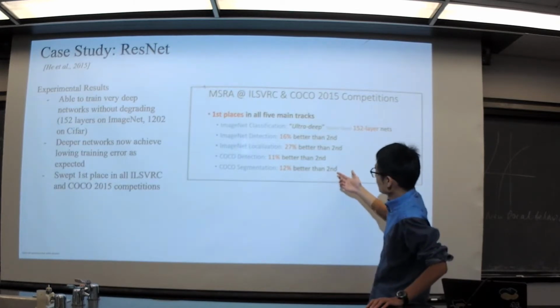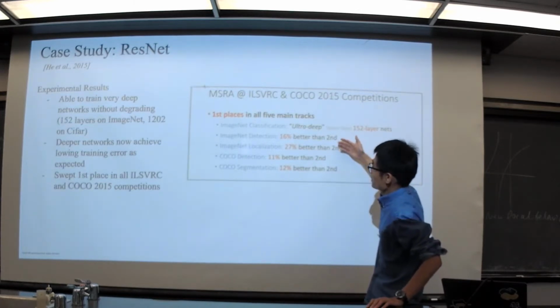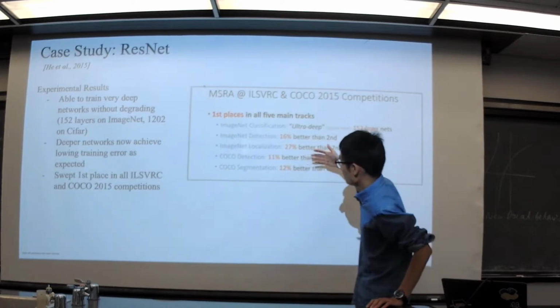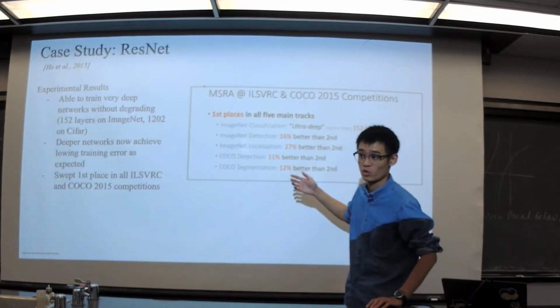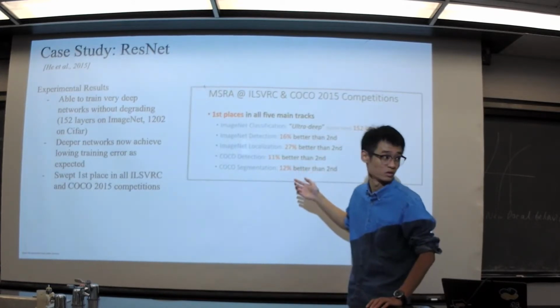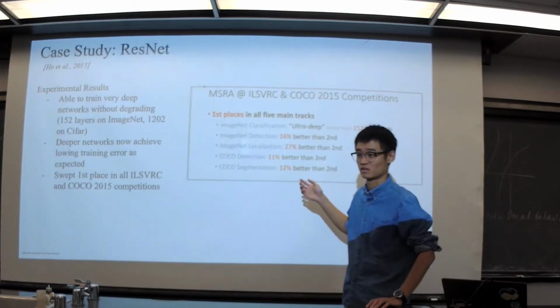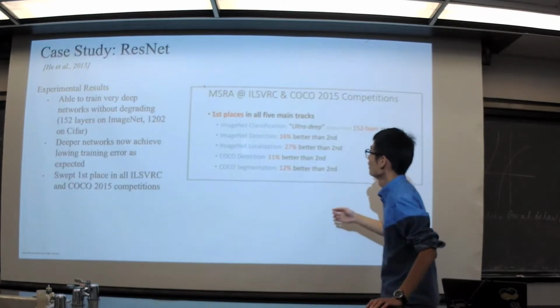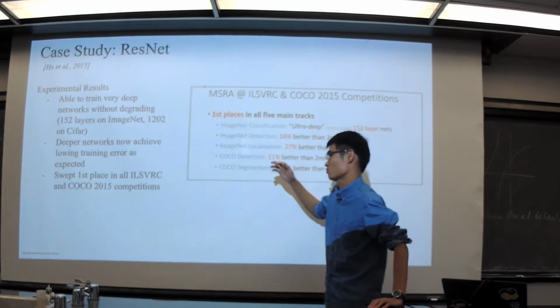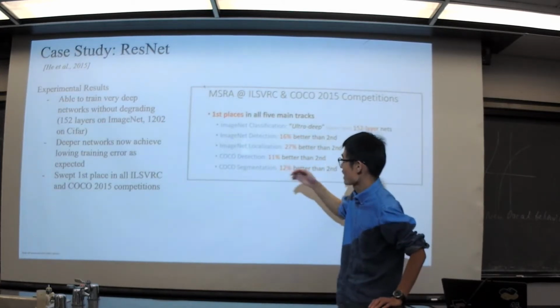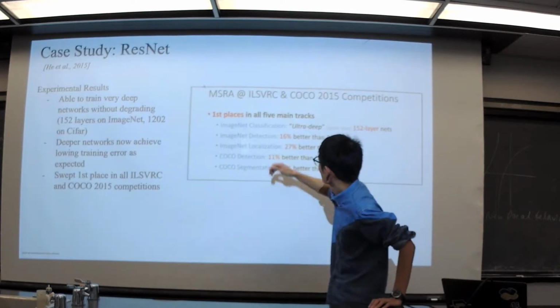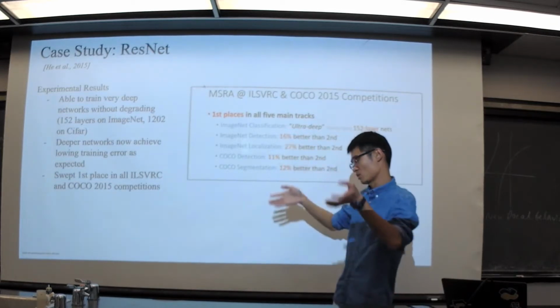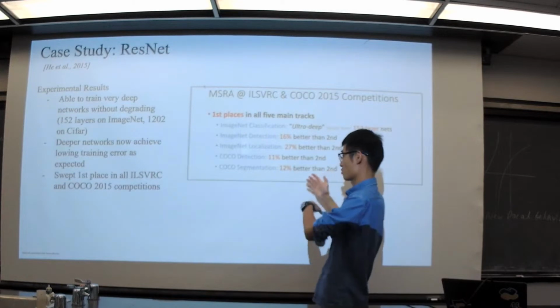So, because of ImageNet, has anyone checked what ImageNet is, or what ImageNet contains? No. Okay, maybe it's too big. ImageNet contains at least 3 tasks. Classification: given an image, dog or cat or airplane.